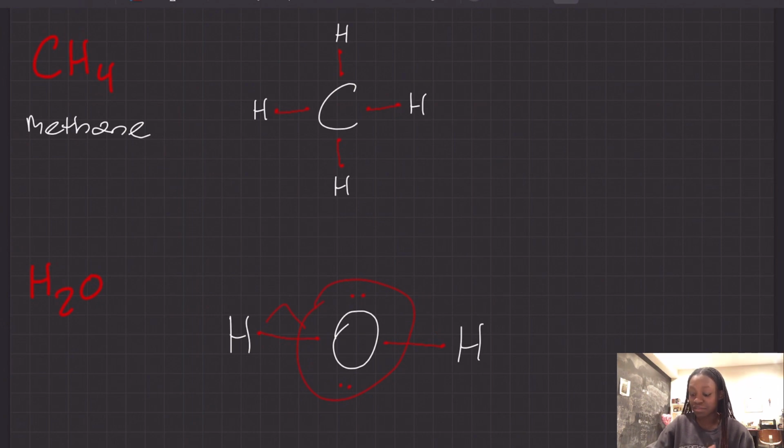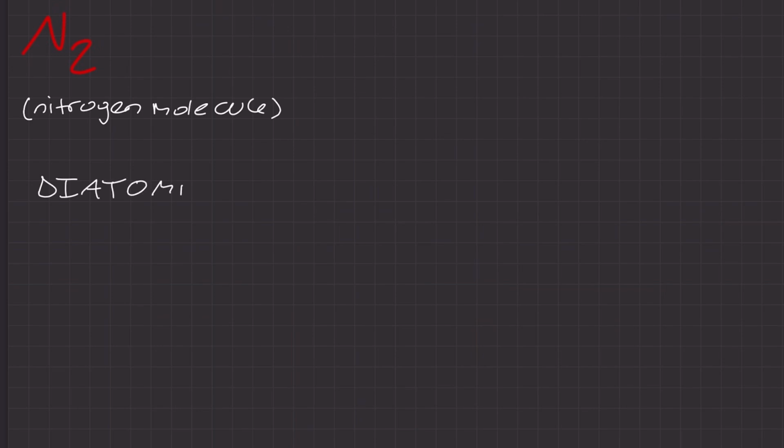So that is literally the art of Lewis structures, but we're going to tantalize our taste buds with some more difficult problems. I want to draw your attention to this problem right here, N2. N2 is an example of, and I think I talked about this in my covalent bonding video, a diatomic molecule.